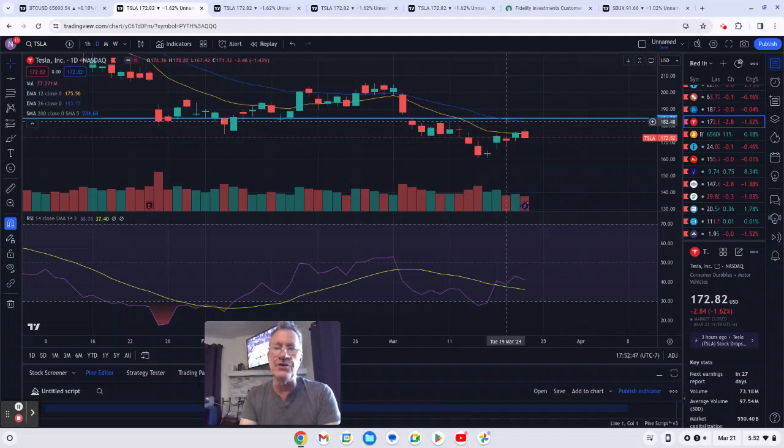And if we can build price range in this area, then I'm going to feel more confident that we're building up to a daily trend change again. And hopefully this will finally set the bottom for Tesla.